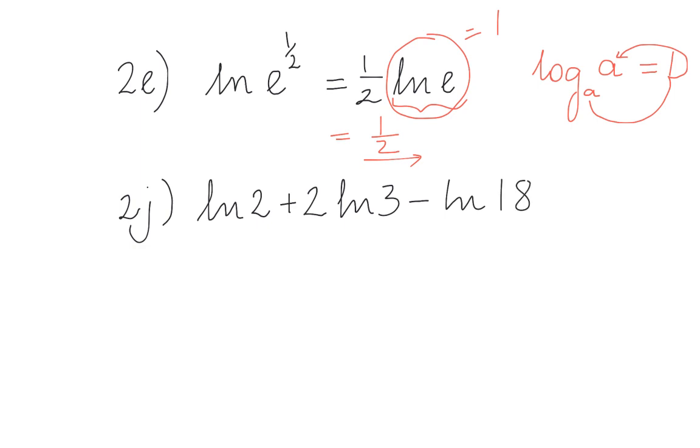I will soon stop talking about a log base e and just keep on saying ln. In order to use the addition of logs with the same base law, you must remember that the coefficient in front of the logs must be 1. So this becomes ln 2 plus ln 3 squared minus ln of 18.